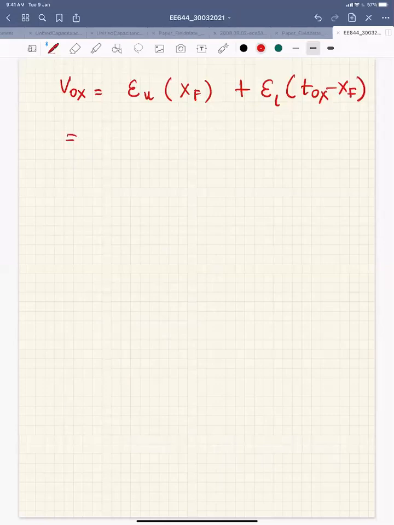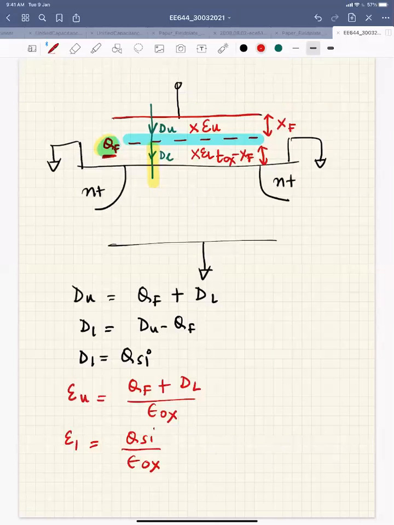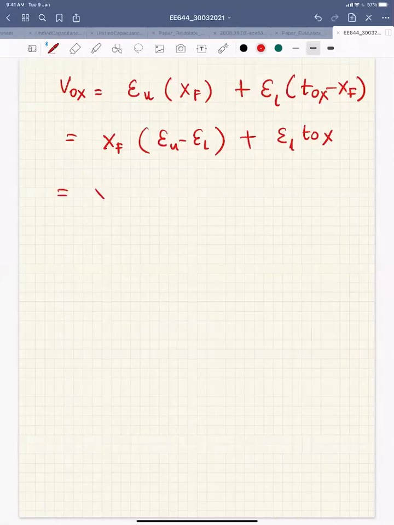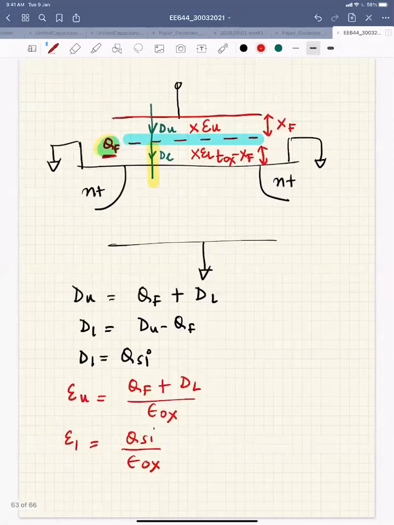So I could write this as XF times (EU minus EL) plus EL times Tox.